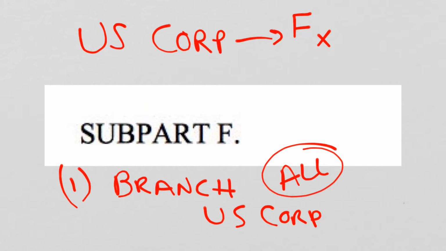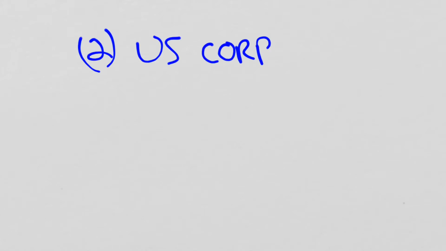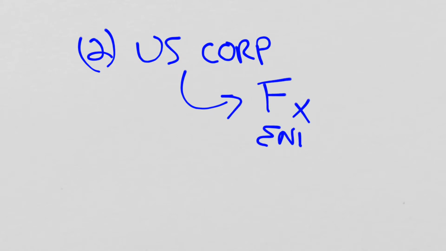So all income or losses were recognized by the branch and then reported directly to the U.S. corporation. There was no separation between the foreign activity and the activity in the foreign country. This was juxtaposed to the second way of conducting business overseas, where the U.S. corp now owns a foreign corporation, a legalized entity, and now the issue is, what kind of entity is it?